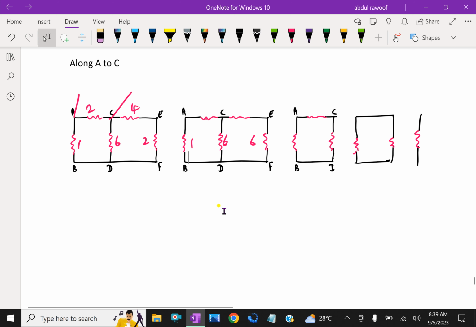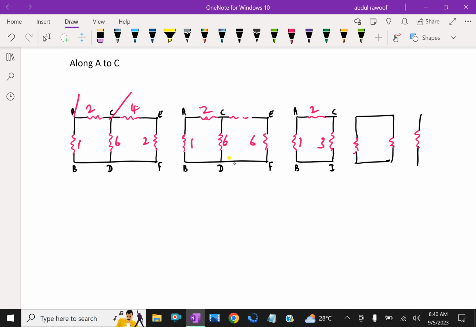Here further it is 1, this is 2, 1, 2 and 3 here, because this 4 and 6 is this, not 4 here, this 4, 4 into 6 here.